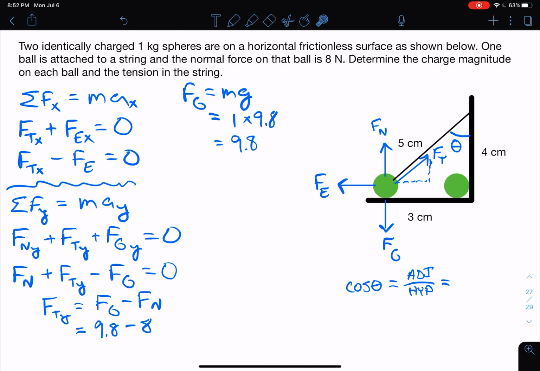This angle here is of course theta, just like I have there. So that means that what I'm going to have for my adjacent side is F_ty over F_t. Okay, and I know the adjacent and the hypotenuse. The adjacent is 4. That's for this side here. My hypotenuse is 5.